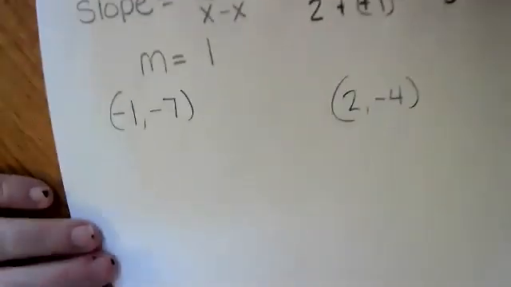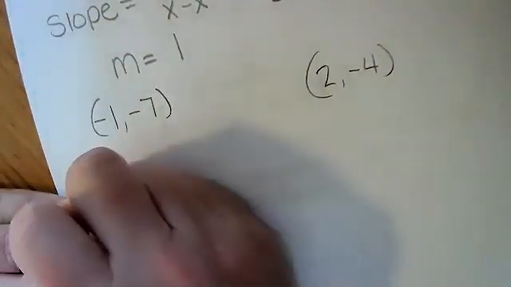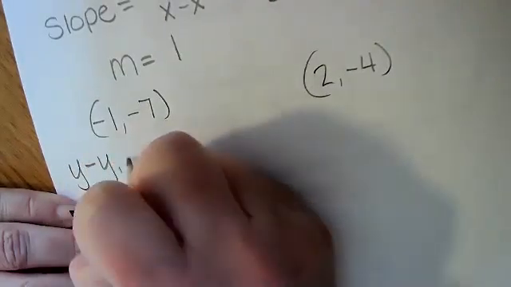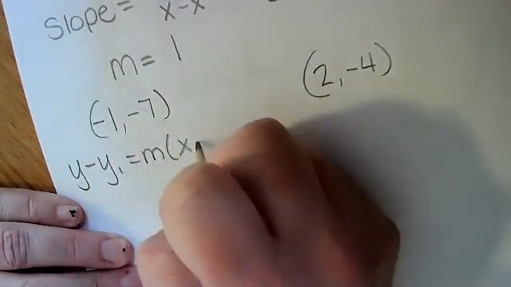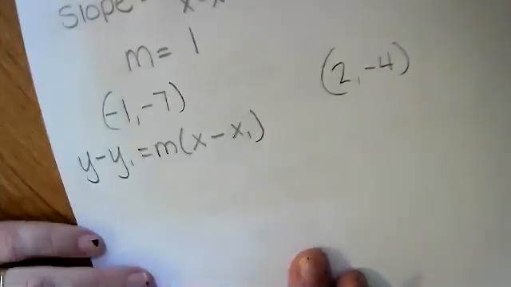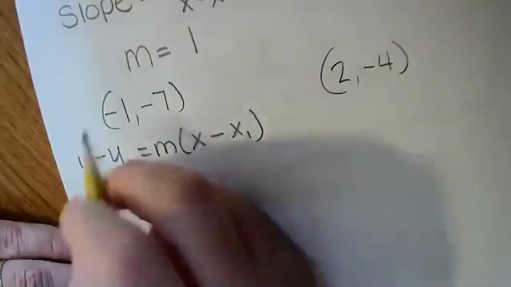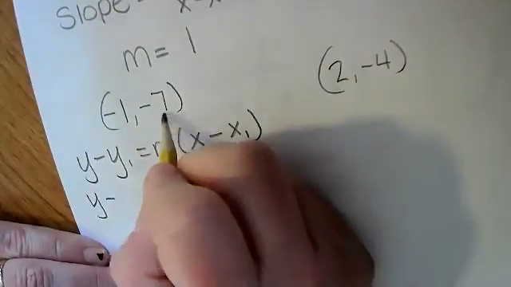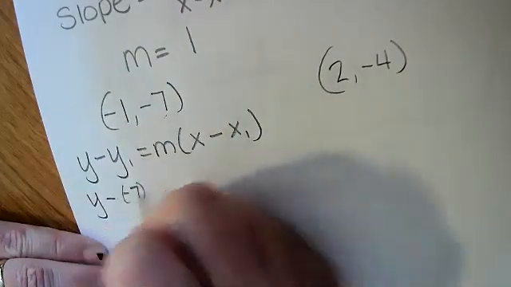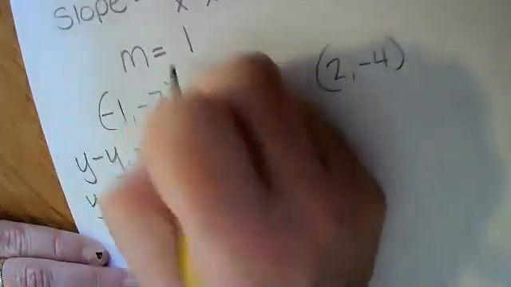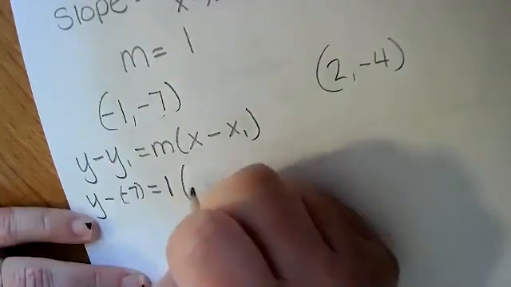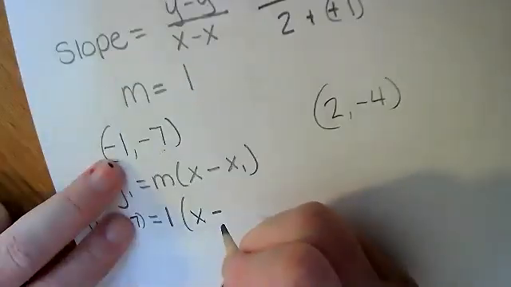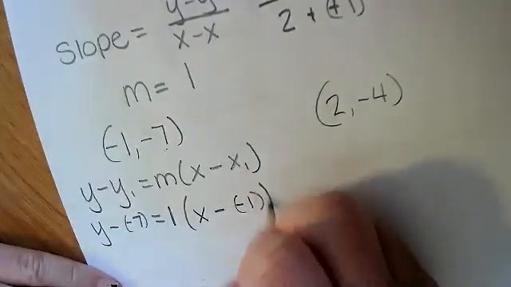You ready? Your equation in point-slope form. Ready? Here it is. y minus y1, -7, equals slope 1 times x minus the x coordinate, -1.